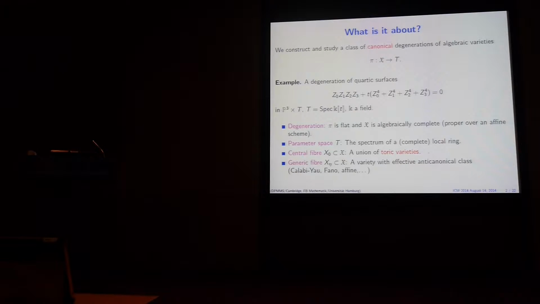Any questions? The pi? Yeah, so pi is certainly surjective, that is having to do with the flatness. Think of surjective and think of proper also. Just the usual degeneration, deformation.